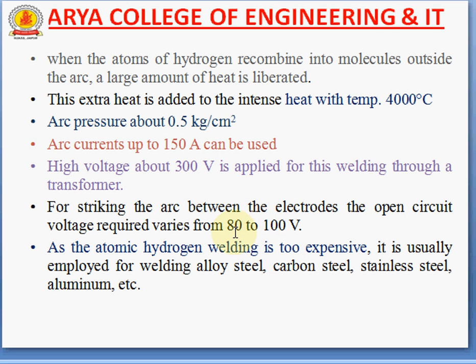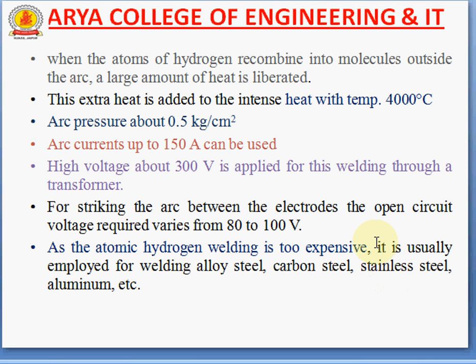Atomic hydrogen welding is too expensive because of the hydrogen gas and tungsten electrodes, and it is usually employed for welding alloy steel, carbon steel, stainless steel and aluminum parts.